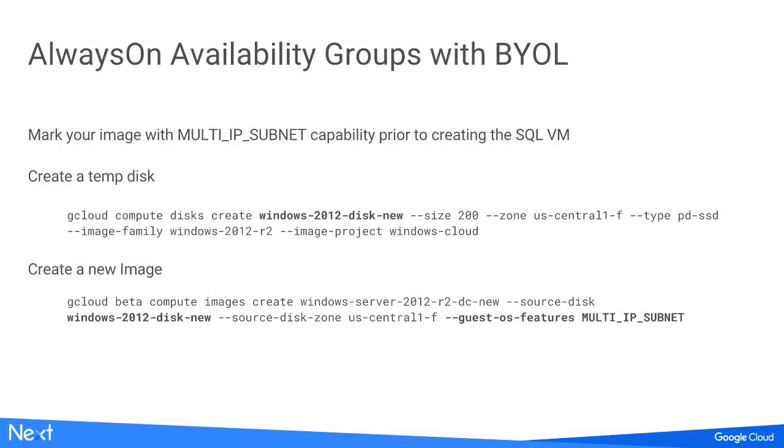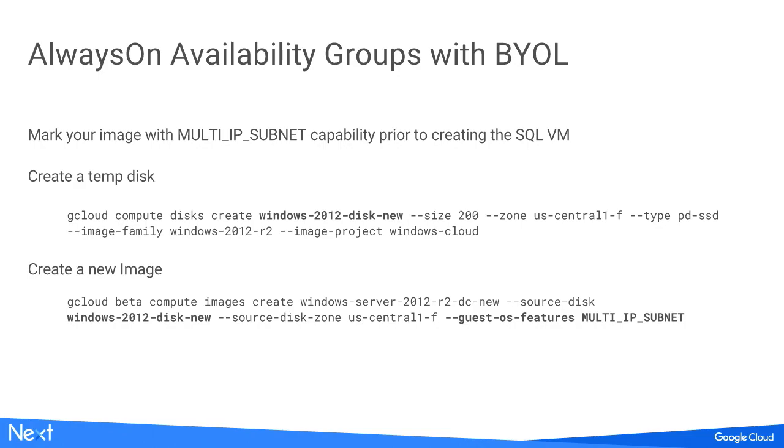For a customer to bring their own license to Google Cloud, there's extra work they need to follow to get all these network changes I've just been talking about. They need to mark their custom image as multi-IP capable. To do that, you first create a disk using a pre-configured Google image.